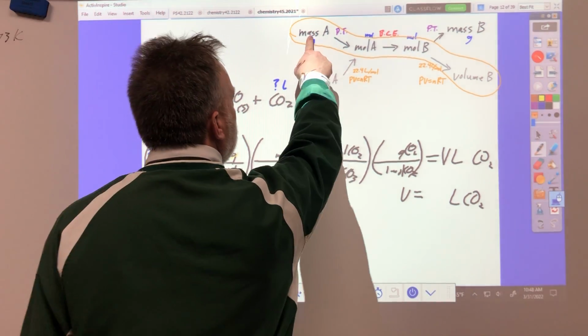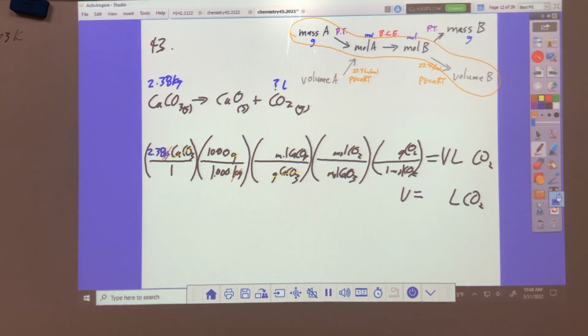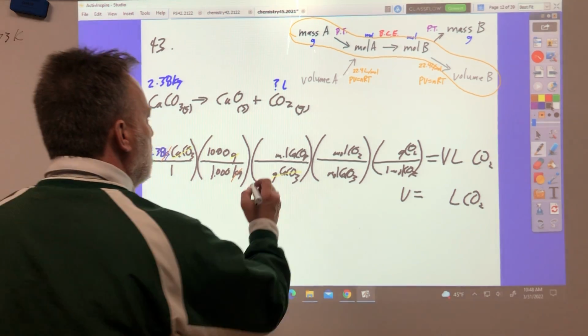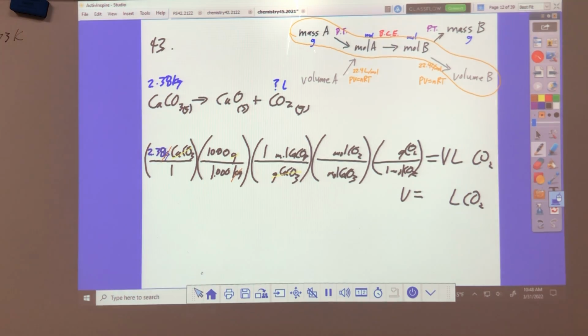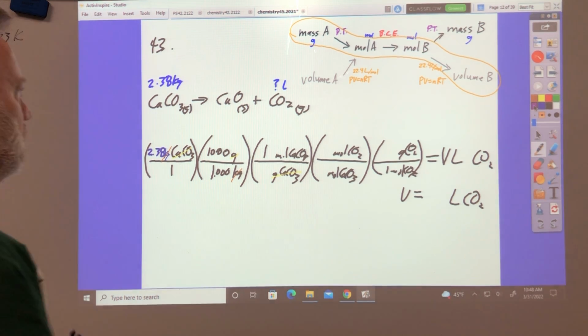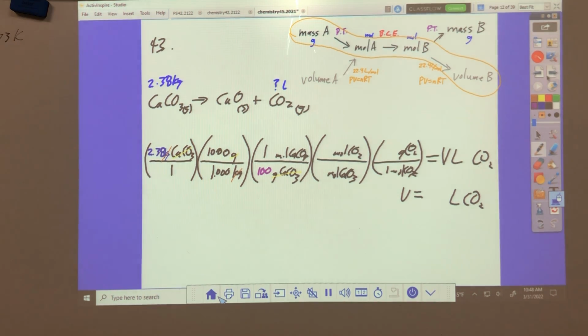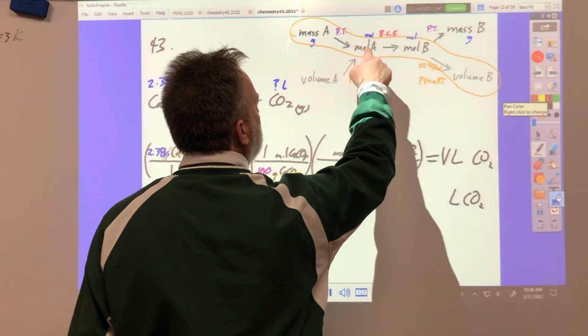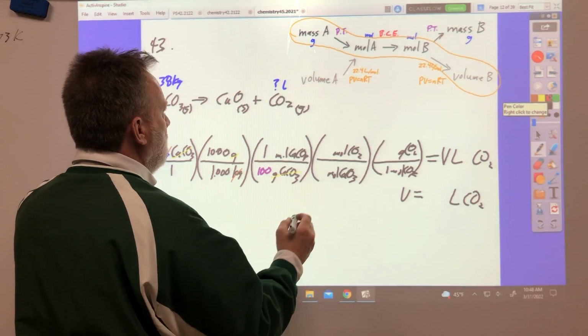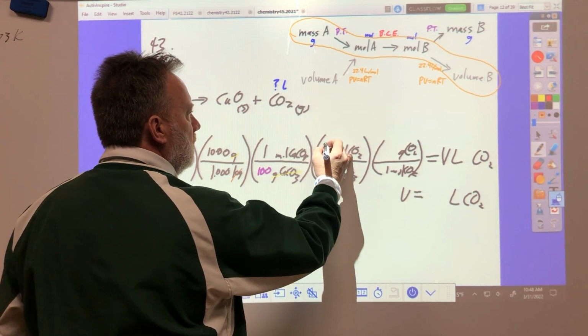And that step from the periodic table, a mole of CaCO3, I want to say that's like 100. Okay, it's 100 grams. Right? Or did I just say 90? 100. And then for moles to moles, from the balanced chemical equation, it's a mole of everything.